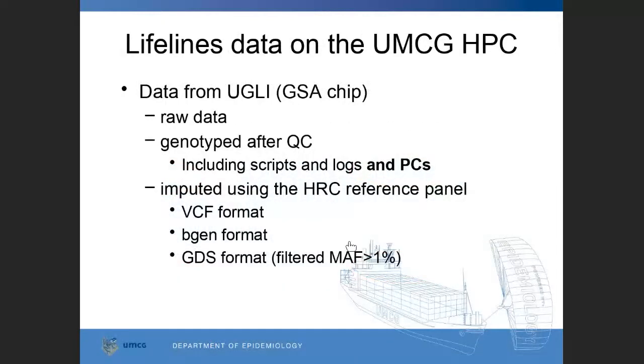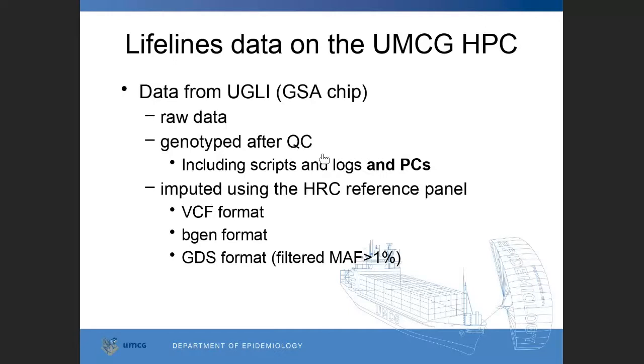For the UGLI data, or the GSA chip data, there is raw data, which you can have a look at, but I would not advise it because for analysis it's of no use. You can use the genotype data that has been cleaned.